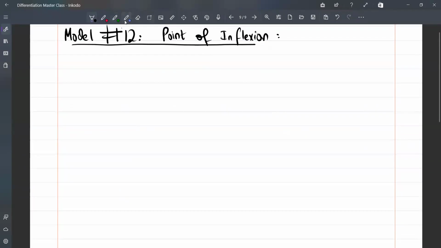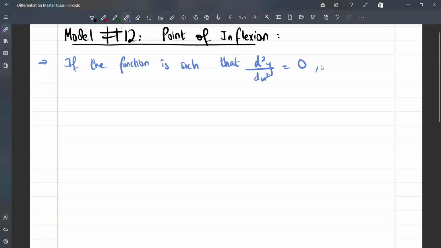So let's write, if the function is such that d square y upon dx square is equal to 0, we need to check whether a point of inflection exists or not.